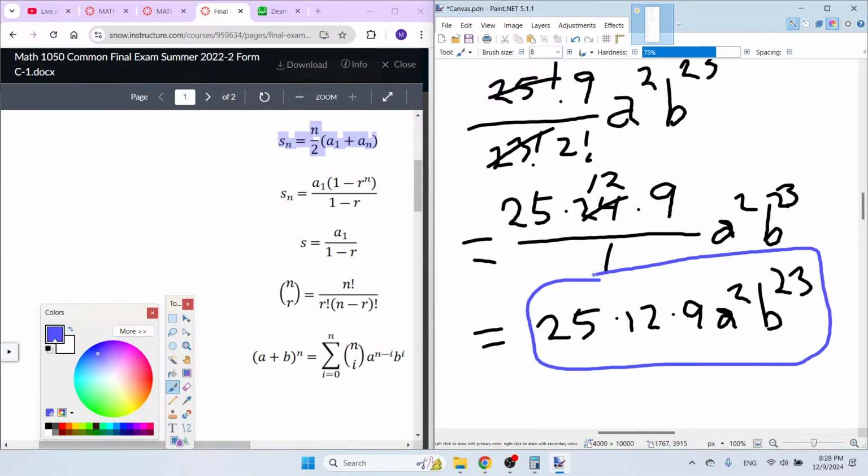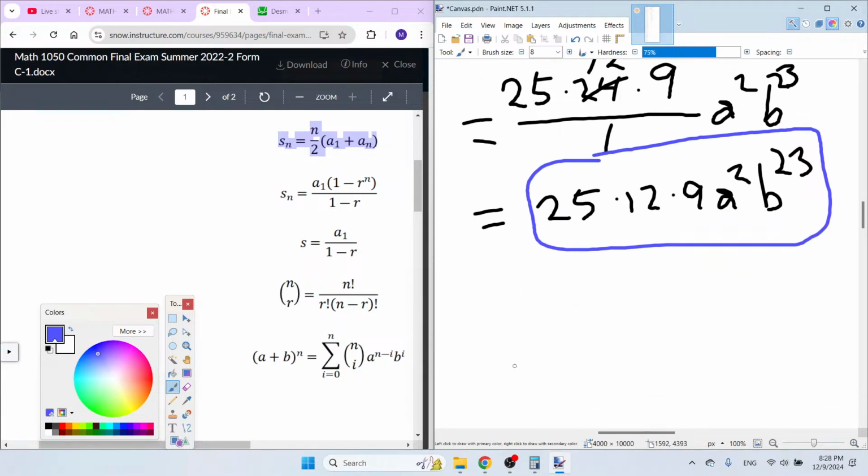You can leave it like that if you want. If you would like to go further, 12 is 3 times 4, 4 times 25 is 100. 3 times 9 is 27. 27 times 100 is 2700. We get 2700 a squared b to the 23rd.